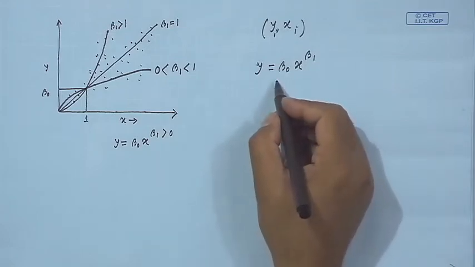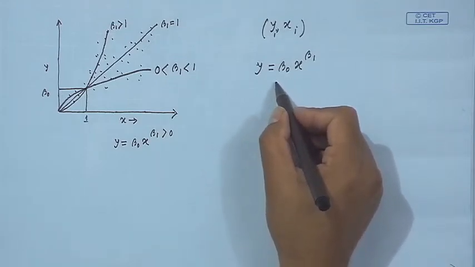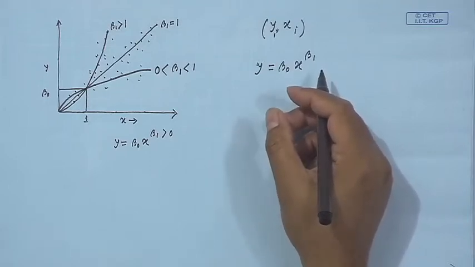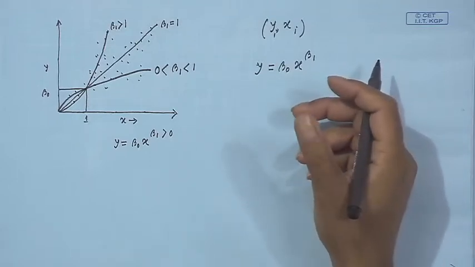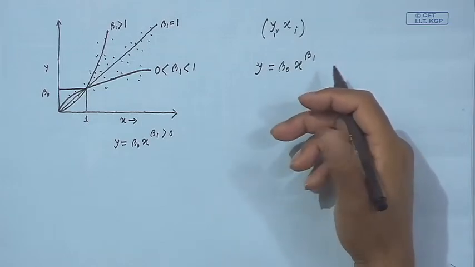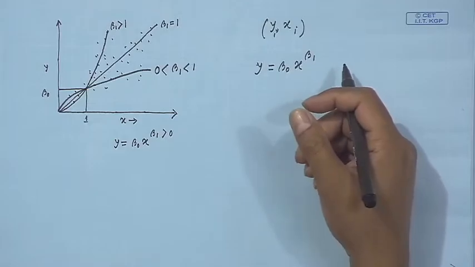Okay. So, as I told before, there are some nonlinear relationships which can be easily transformed into linear form. These are called linearizable functions.